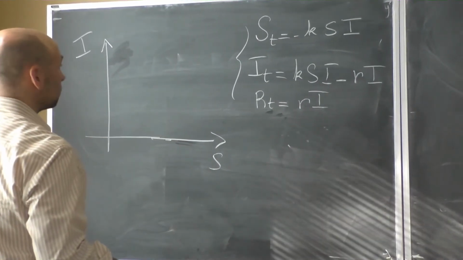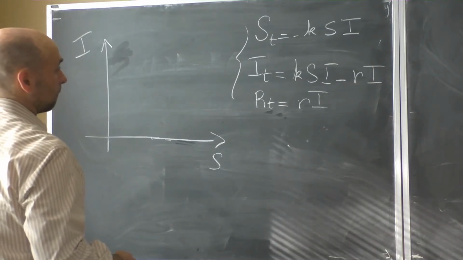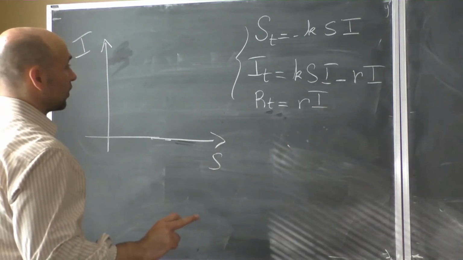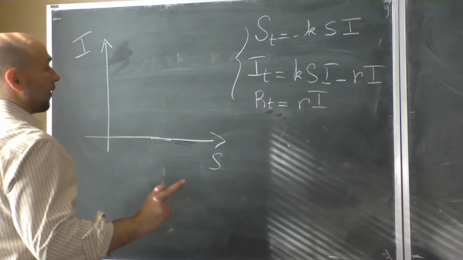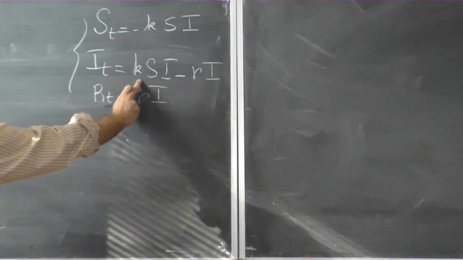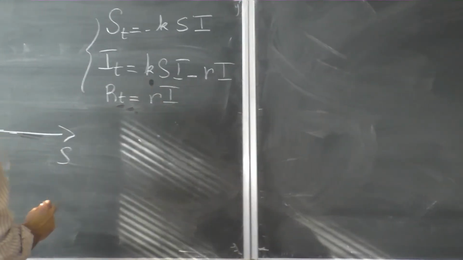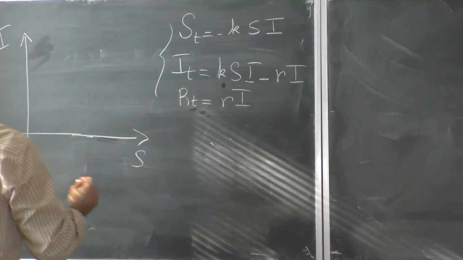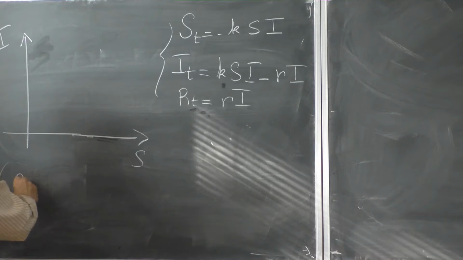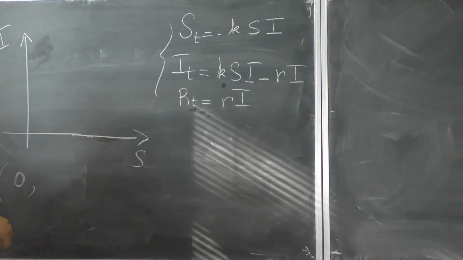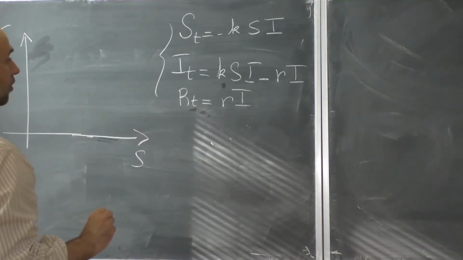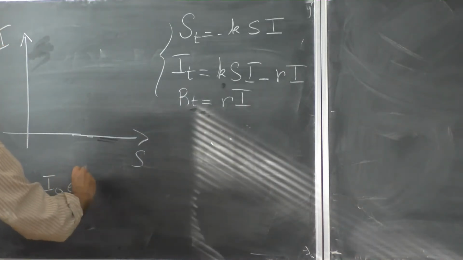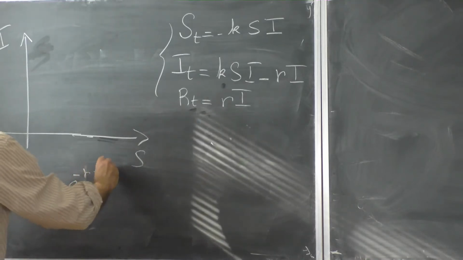First note that if I take S equals 0, then I have a solution, which is S equals 0 and I0 exponential minus rt.